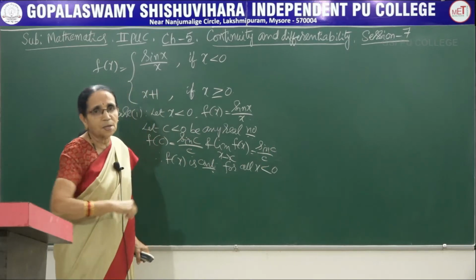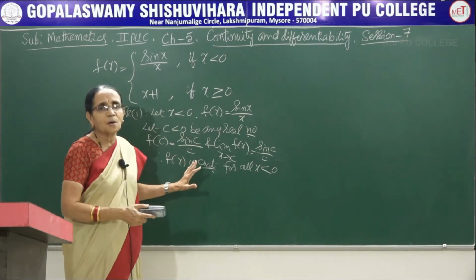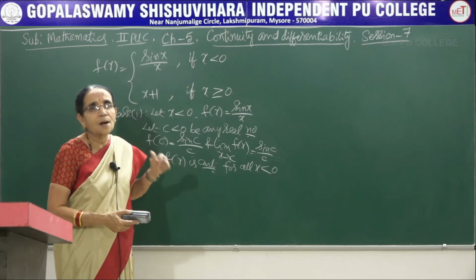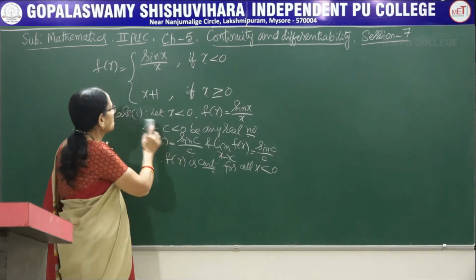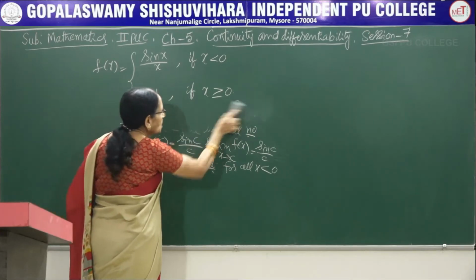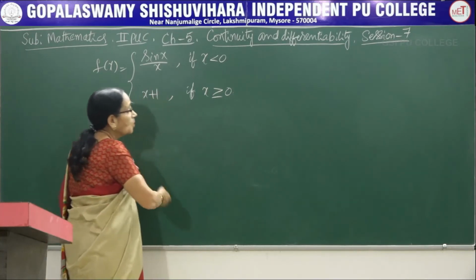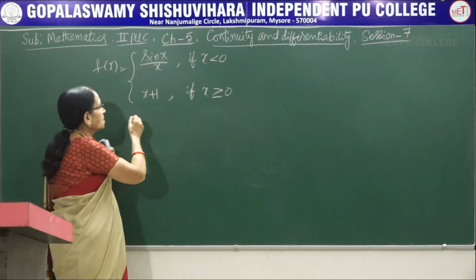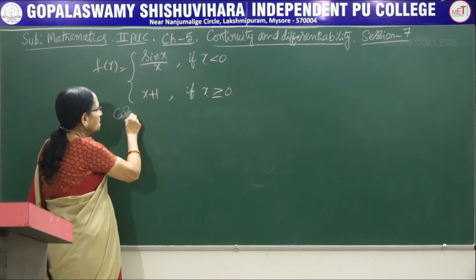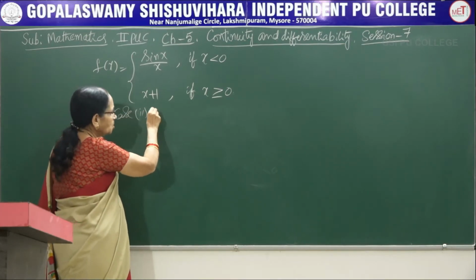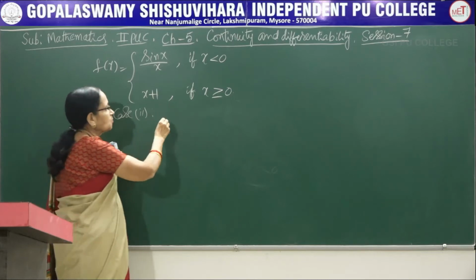That is, for this particular function, when x takes a negative value, the function is continuous. Now let me argue for the other extreme case, that is what happens when x is greater than 0. I usually take the extreme cases first.